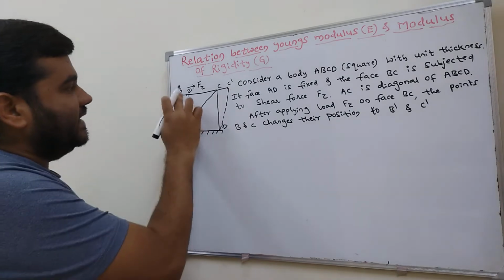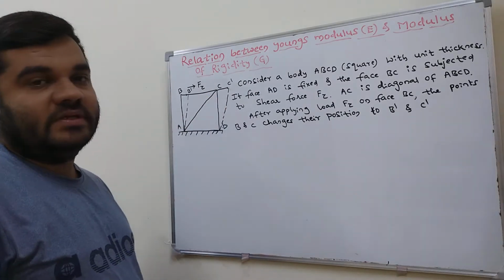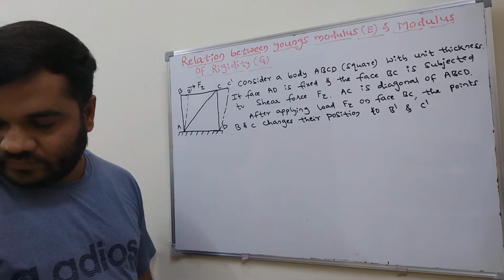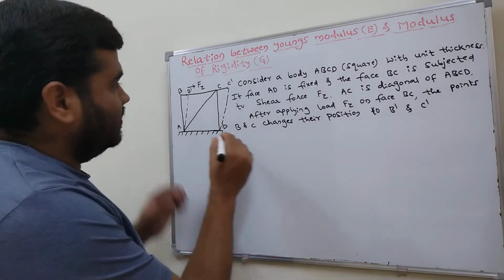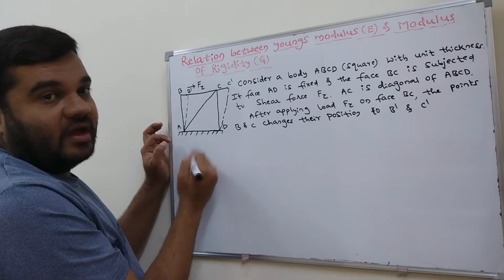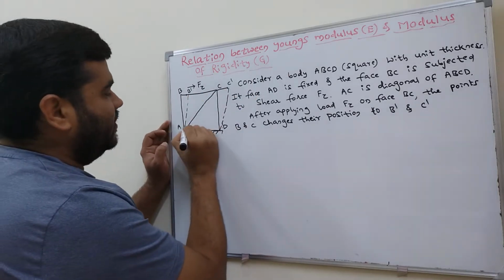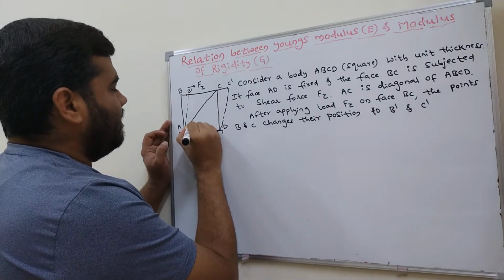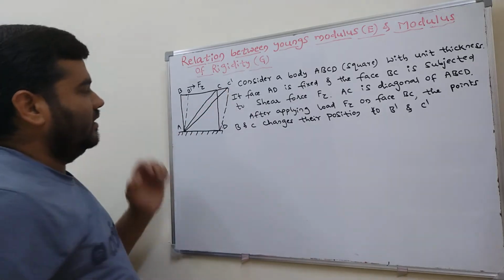B will change to B dash and C will change to C dash. Now we will get one more diagonal, that is AC dash, right? After changing its shape, we get the new position, that is AC dash.